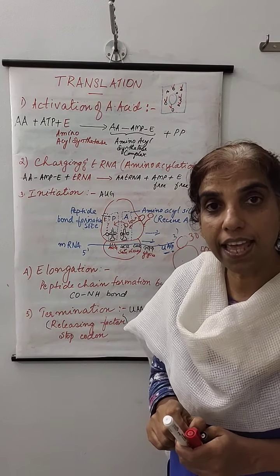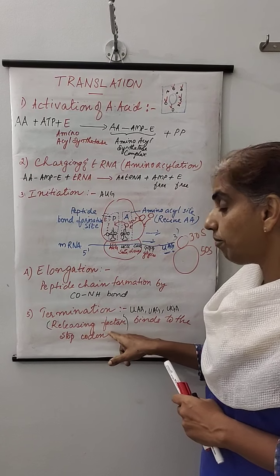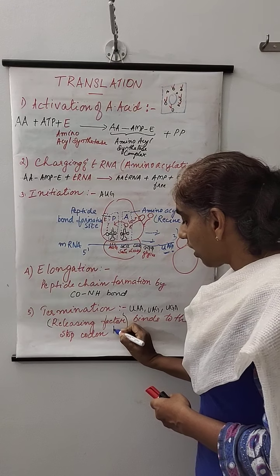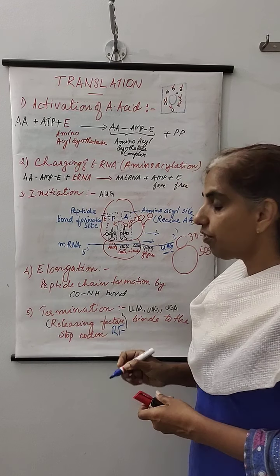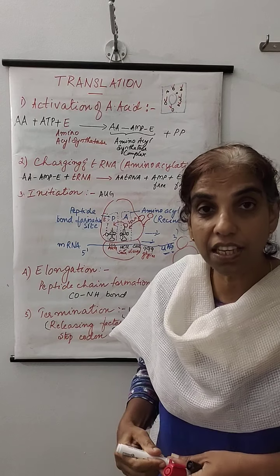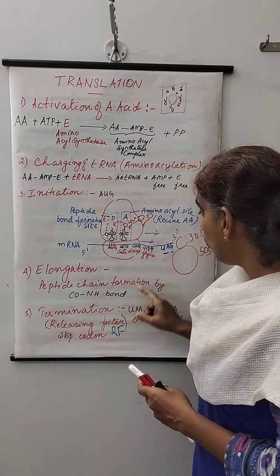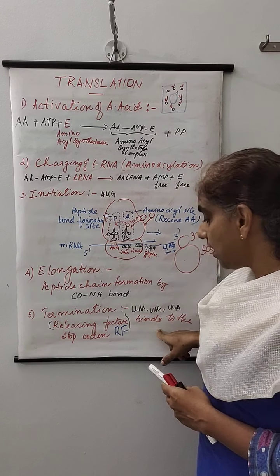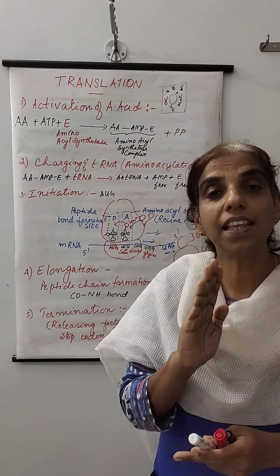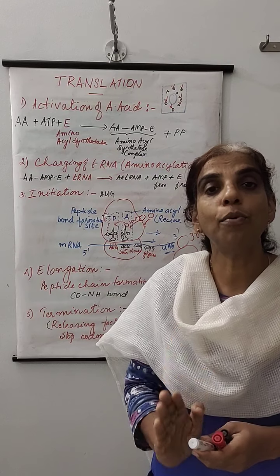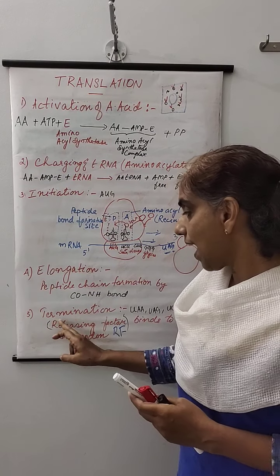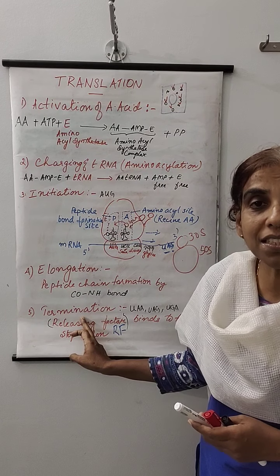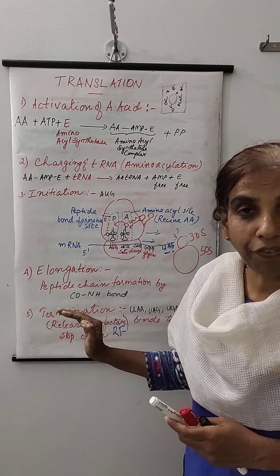And one more thing: for termination there are some proteins termed RF factors, or releasing factors, specialized proteins which bind with these termination codons. As a result, the polypeptide chain formation will be stopped there. That results in the end of protein synthesis, which we call the termination phase.